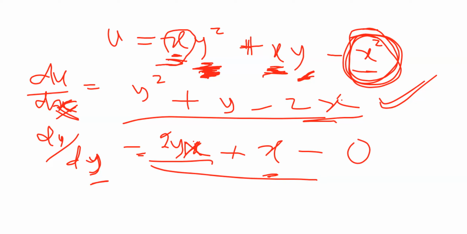Let's see how this one will go. Are you ready? Yes. This one will be, let's just make it quick. z is equal to x raised to power 3 minus 5y raised to power 10.